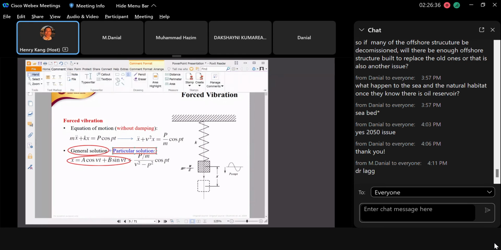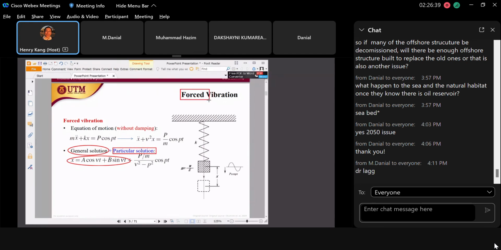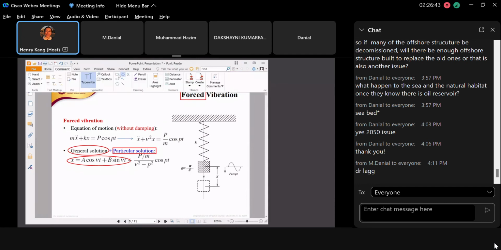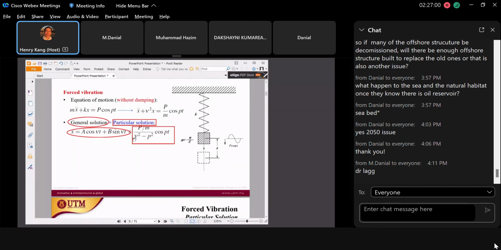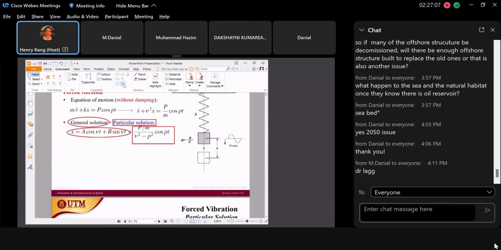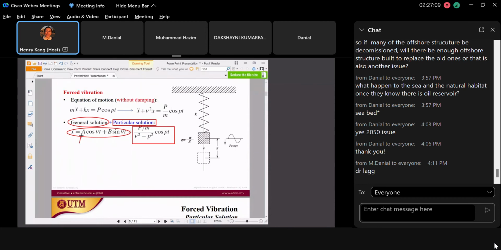Some variables, say A or B or anything here, could be zero. But we call it a general solution because it is the most comprehensive solution we managed to write up, but we still need to use boundary conditions to find the values of A and B and so on.